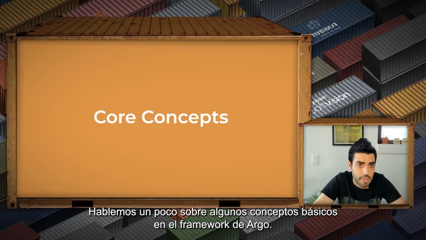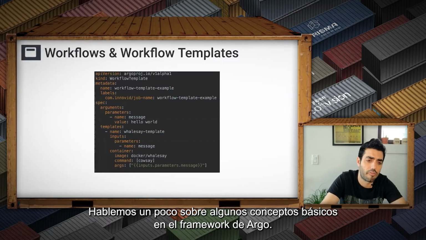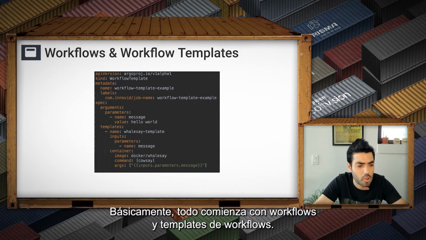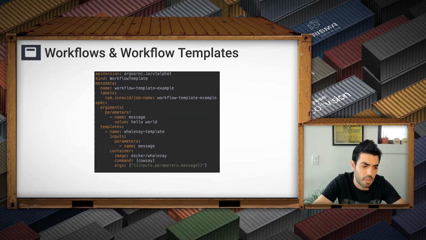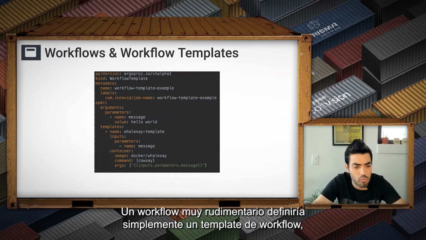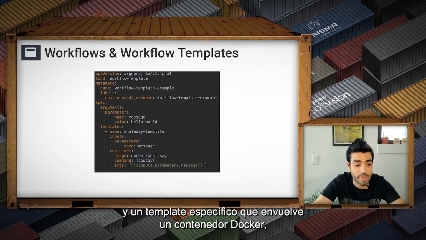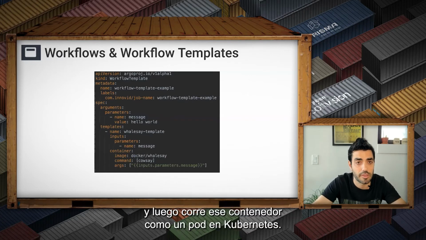So let's talk a little bit about some core concepts in the Argo framework. It all starts with workflows and workflow templates. A very rudimentary workflow would just define a workflow template and one specific template that wraps a Docker container and then runs that container as a pod in Kubernetes.